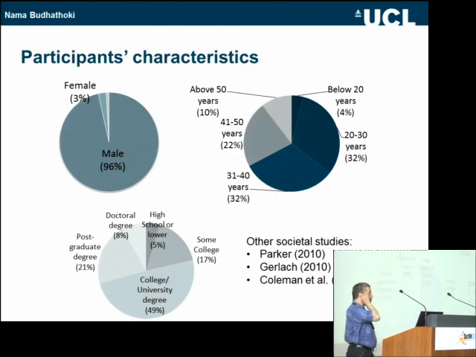Then there is the research that looked at participant behavior. That is from the research of Nama Budatuki, who did a survey, and we talked about it last year, that shows the demographics, the age group, and also the education, and many other things that appear within his papers.